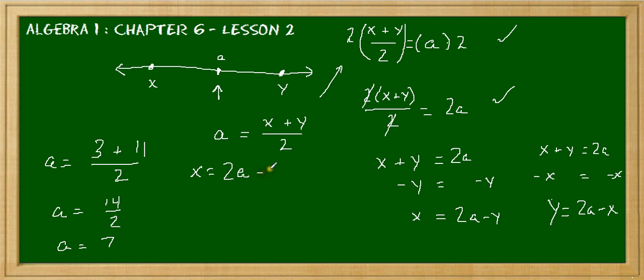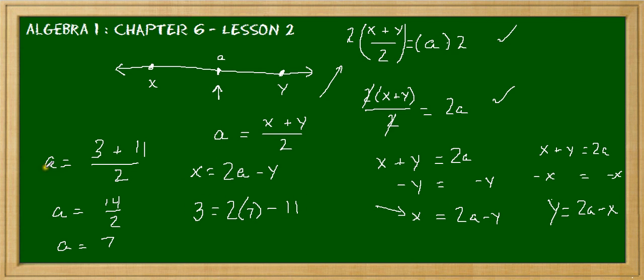Again, we're just checking our answer to see if this is correct. We know x is equal to 3, so using the answer to part A, we'd have 3 is equal to 2 times 7, now I'll put my parentheses, (2 times 7) minus 11. Let's see if that works out.